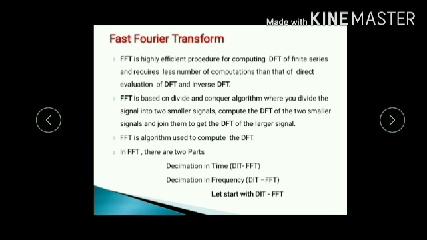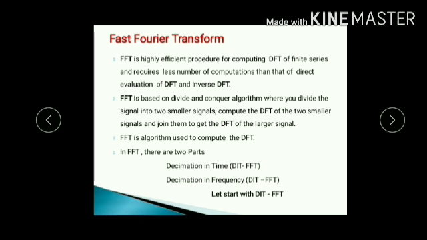FFT is generally an algorithm used to compute the DFT. So FFT is much faster compared to DFT, where in FFT there is a divide and conquer algorithm taking place. You are dividing that signal into two smaller signals, computing the DFT of those two smaller signals, and joining them at the end to get one DFT of a large signal.